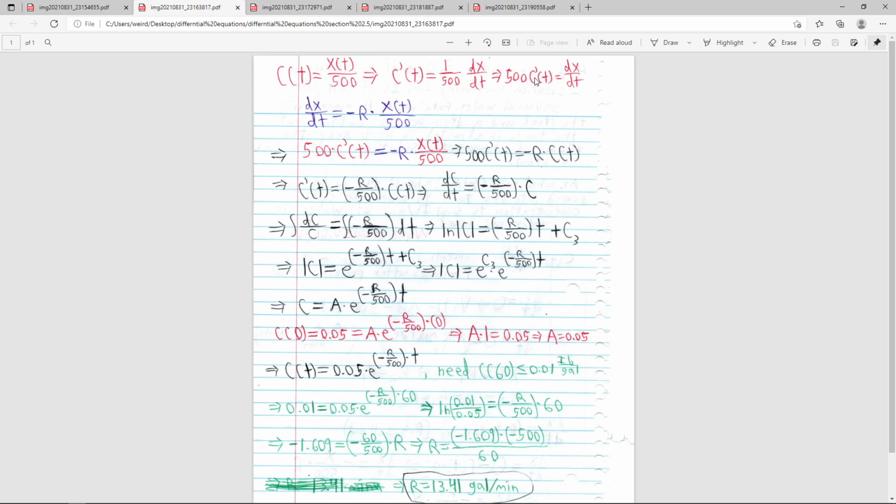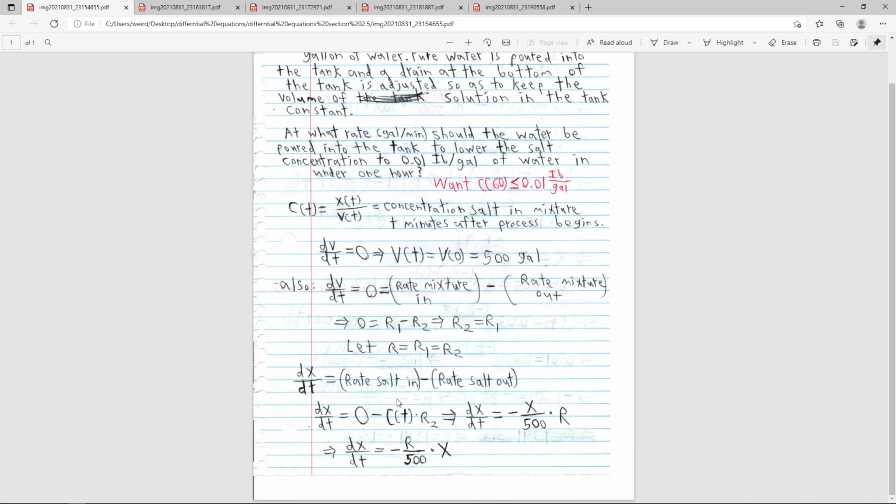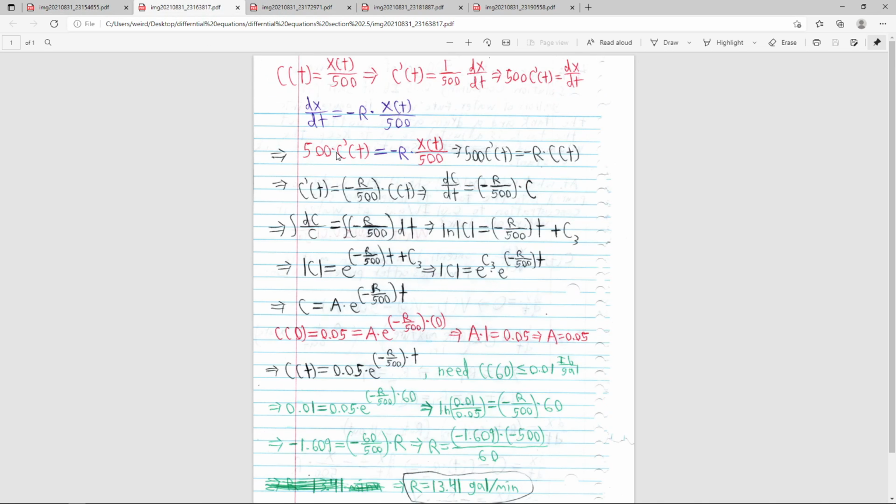And that means that 500 times c prime of t equals dx/dt. We also have dx/dt equals negative R times x of t divided by 500 from before. So we can substitute this in: dx/dt is equal to 500 times c prime of t, which is equal to negative R times x of t divided by 500.